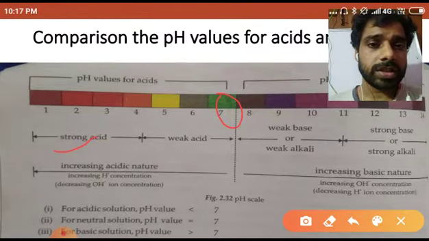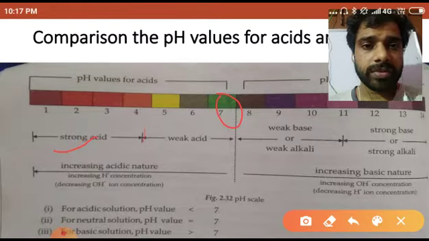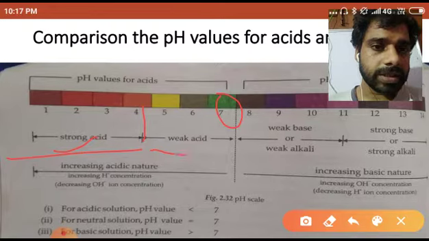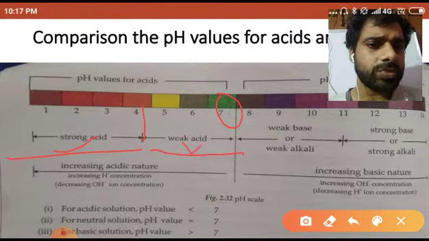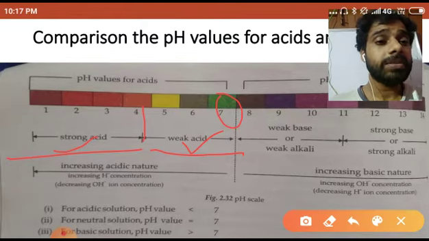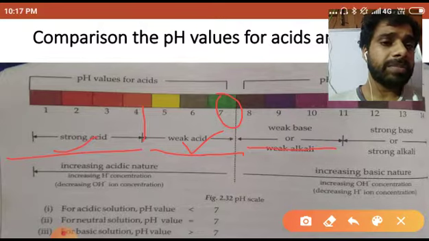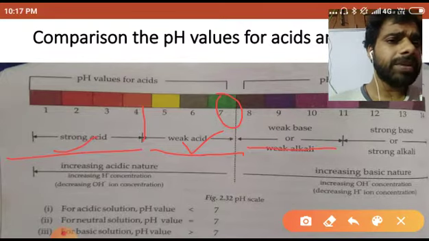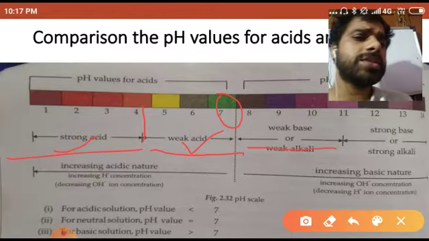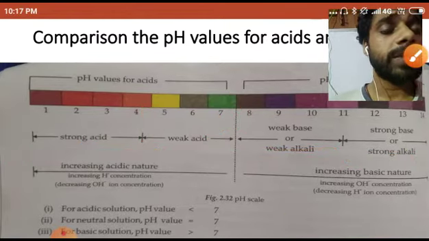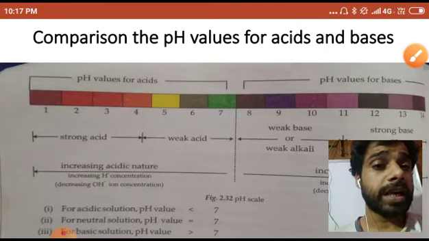Up to about 4.5 it is a strong acid case, but from 4.5 to 6.9 it is a weak acid, because 7 is green, the neutral case. Then after we come here, 7.1 to 11 is a weak base, and this side is a strong base. So this is the case I have given to you.